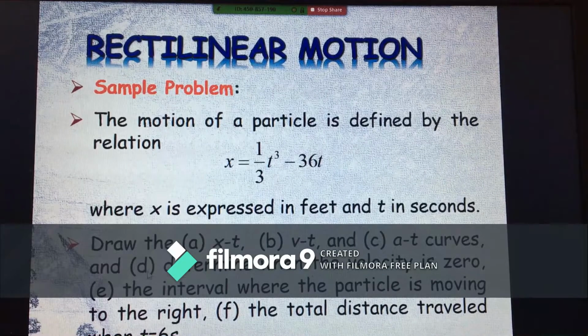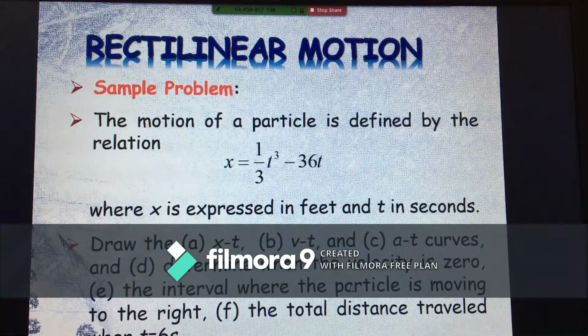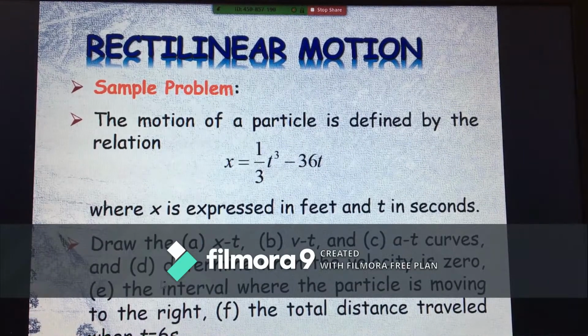Then, after that, determine when the velocity is 0. Okay, so you can see that from the graph. So, when the velocity is 0. Or from the equation, you can see that. Then, the interval where the particle is moving to the right. So, you represent the interval, class, your answer in terms of closed or open interval.